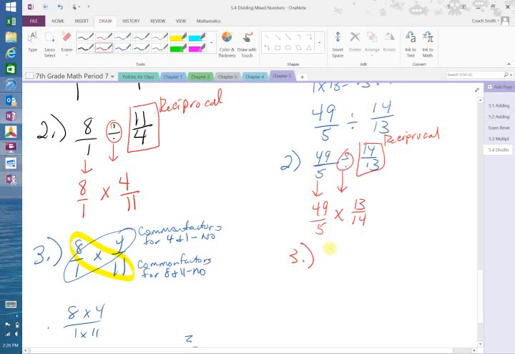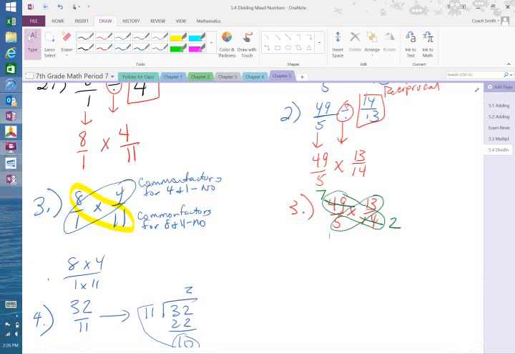Step 3. Is there a common factor between 49 and 14? 7. 7 goes into 49 7 times. 7 into 14 2 times. Is there a common factor between 5 and 13? No, they're both prime. So on top, that gives me 7 times 13.